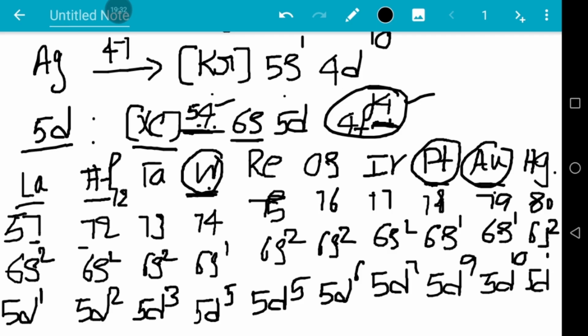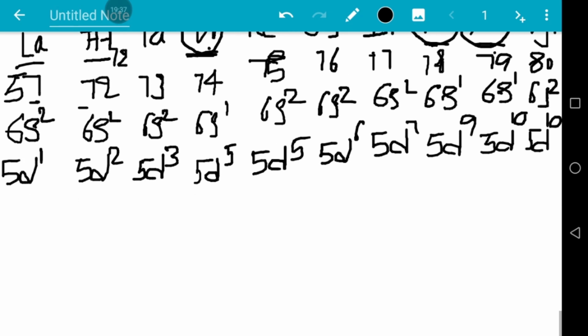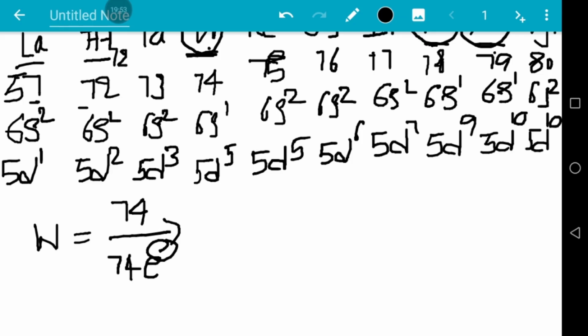Now for example, they are asking for the wolfram configuration. First of all, what is the atomic number? That is 74. It has 74 electrons. Electron configuration means the arrangement of electrons into different subshells in the orbitals. So with 74 electrons, first write xenon. 54 electrons are present in xenon, so the 54 electron configuration we can write like a noble gas core.